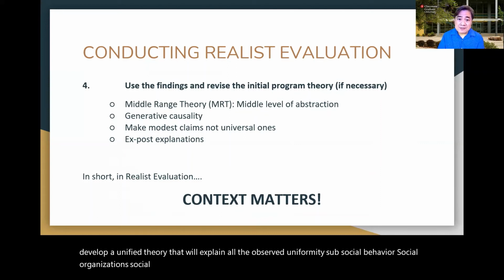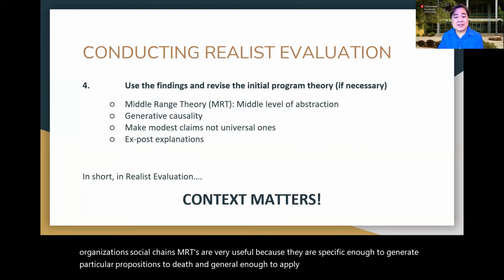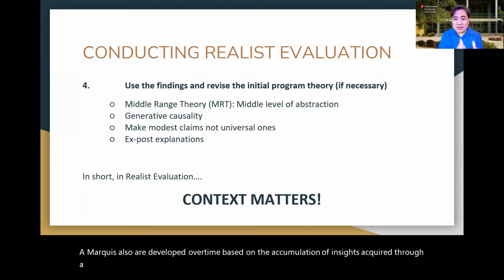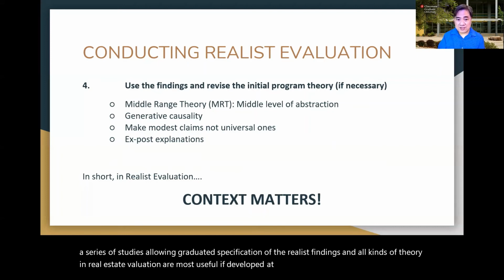MRTs are very useful because they are specific enough to generate particular propositions to test and general enough to apply across different situations. MRTs also are developed over time based on the accumulation of insights acquired through a series of studies, allowing gradual specification of the realist findings. And all kinds of theory in realist evaluation are most useful if developed at the middle level of abstraction.